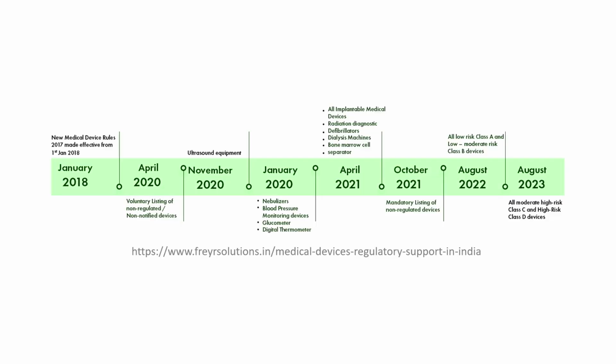So, as far as these classifications have evolved over time, this is some chronology which I have picked up from one of these links, and I have correlated this with the chronology which has been published in several other places. So, new medical device rules in 2017 were made effective from the 1st of January 2018.